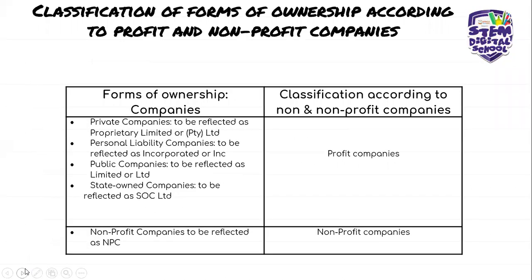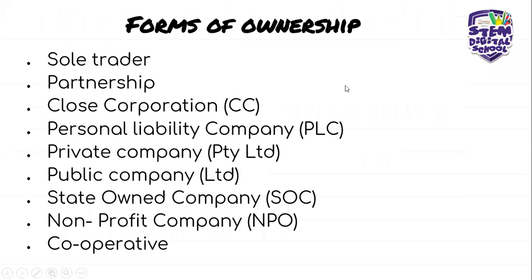Next slide. Okay, now let's look at the classification of forms of ownership according to profit and non-profit companies. Now you need to classify between profit and non-profit companies. So we took all those forms of ownership, all the companies.